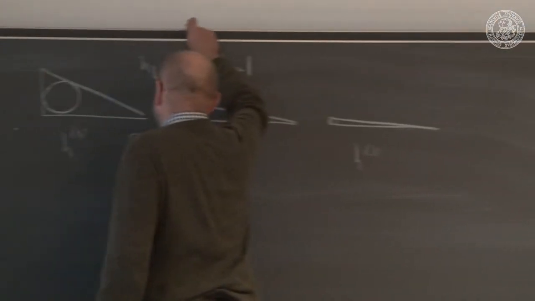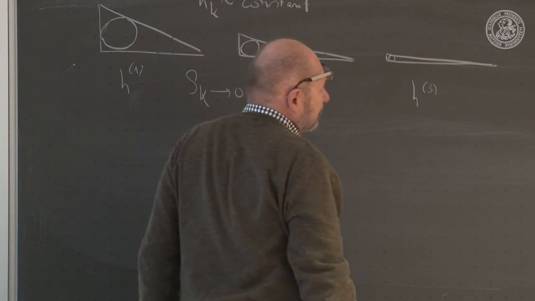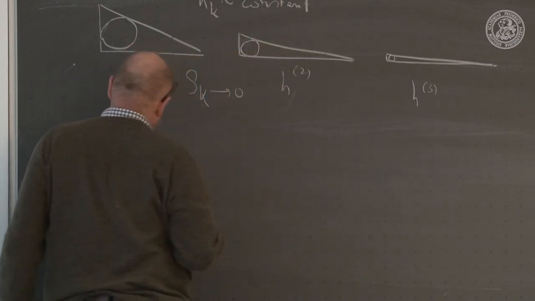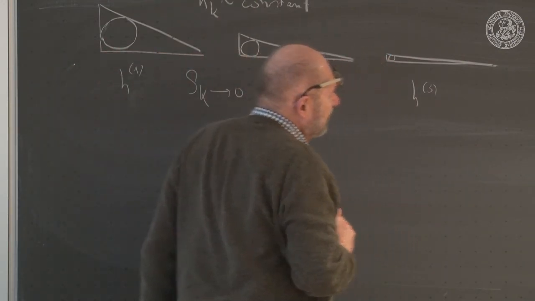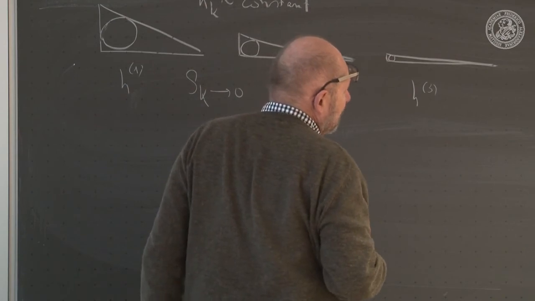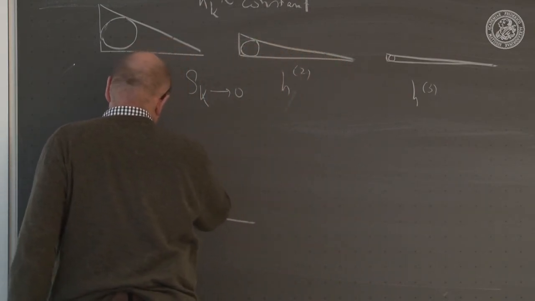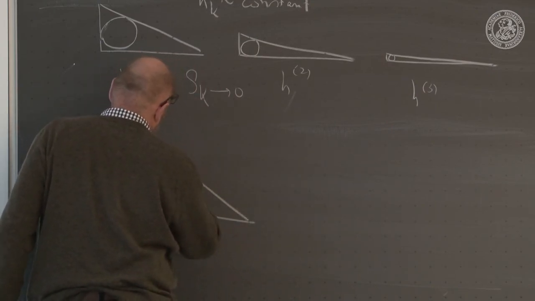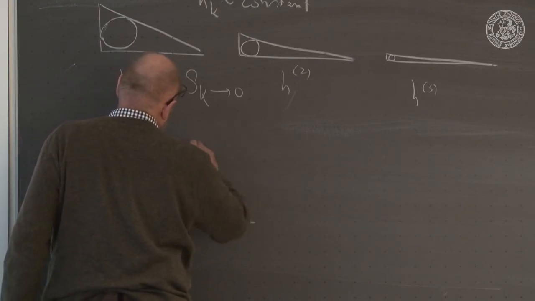Okay, let's assume that the supremum is a maximum. Then I can simplify the argument a little bit. That means I have my reference element, or any element. Then I have here my ball inscribed, and this ball has the diameter rho hat.